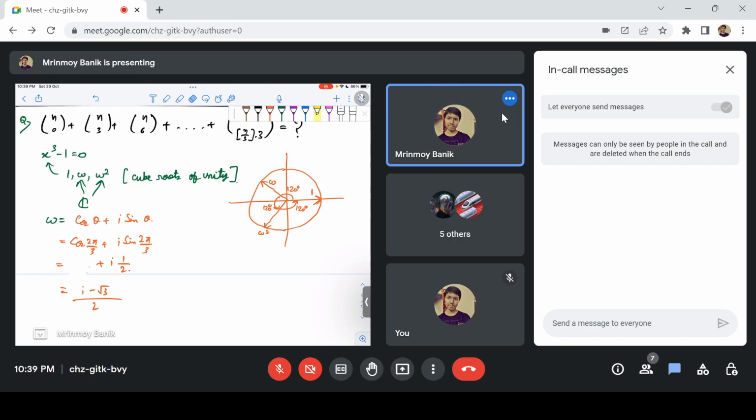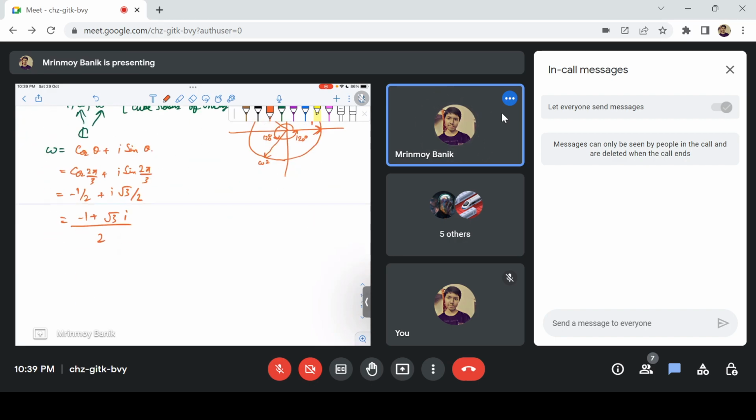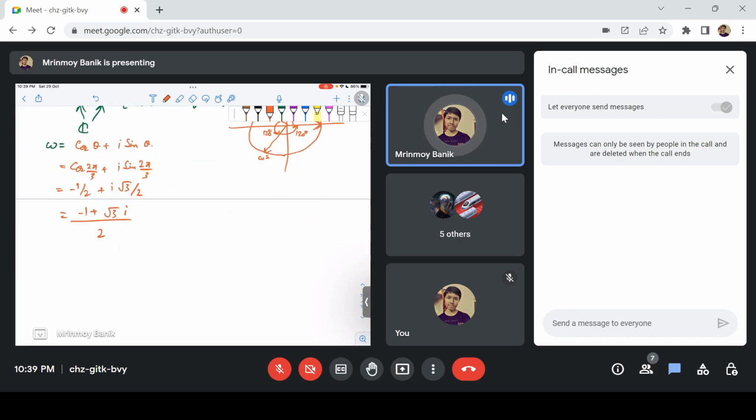Sorry, I was wrong earlier. So this is minus half plus iota root 3 by 2, that is, minus 1 plus root 3 iota by 2. Right, so whatever its value is, we don't care.